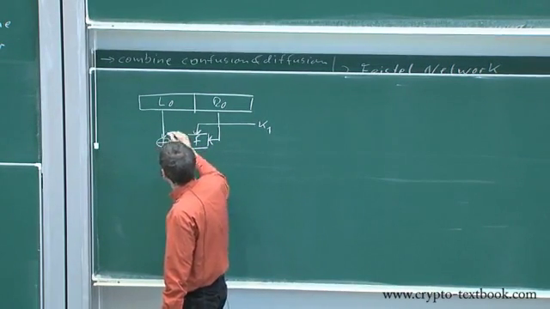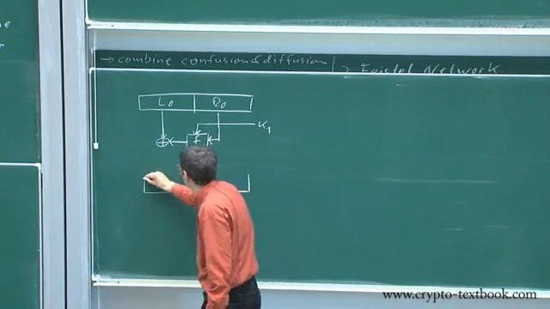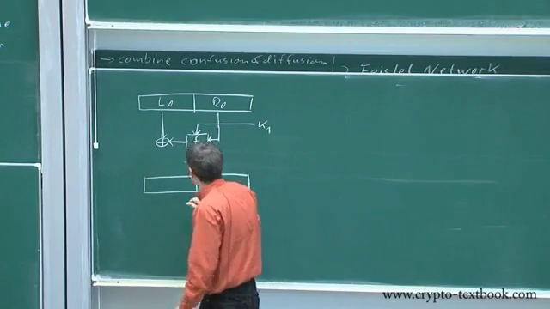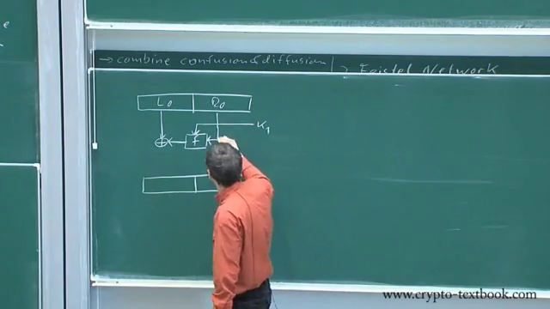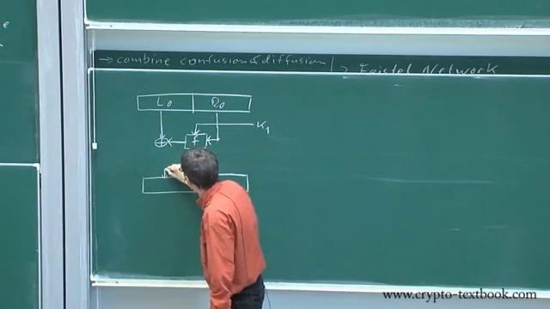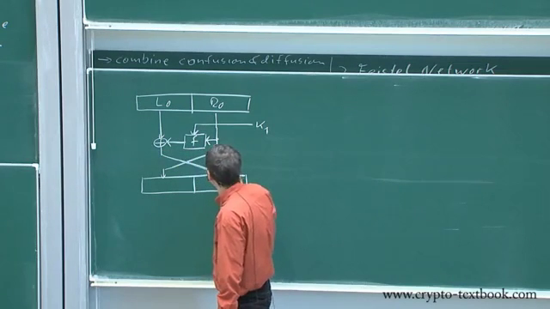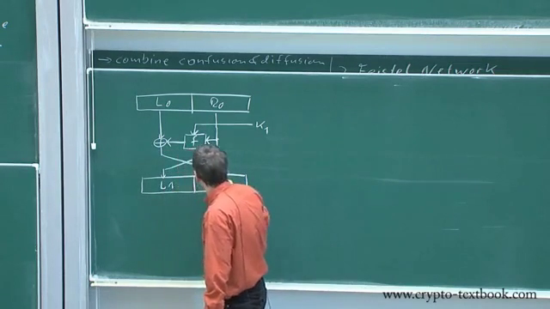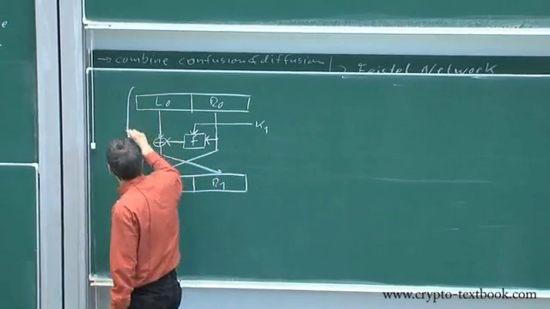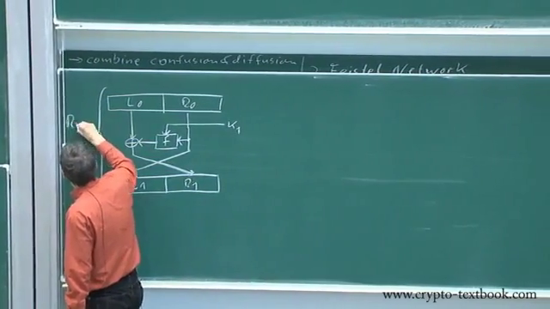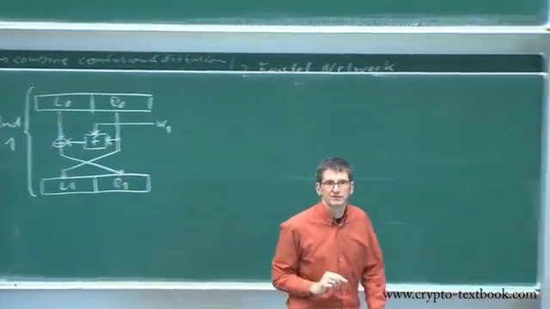The output is XORed with the left-hand side, and then you're almost done. The only thing that you do now, you swap the two sides, vertauschen. That means the right-hand side becomes the left-hand side, and vice versa, okay? So this becomes L1, R1. So this is round 1 of DES, okay? Everybody with me?